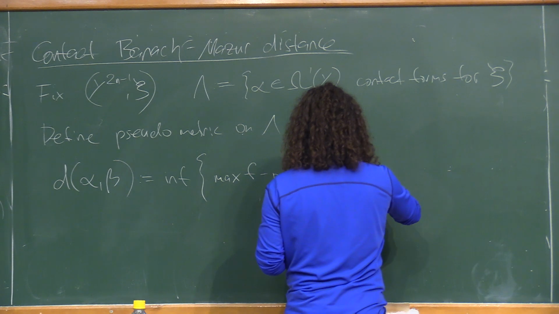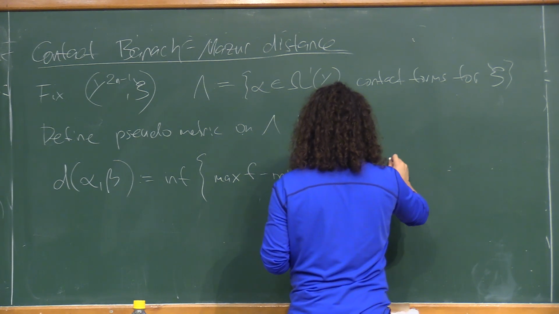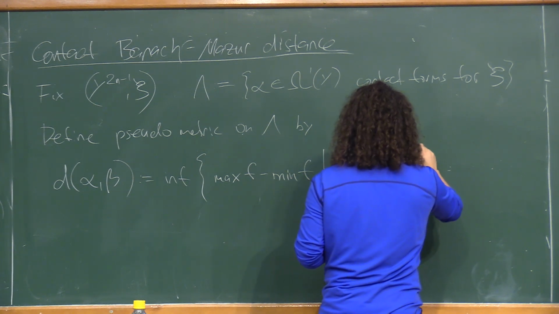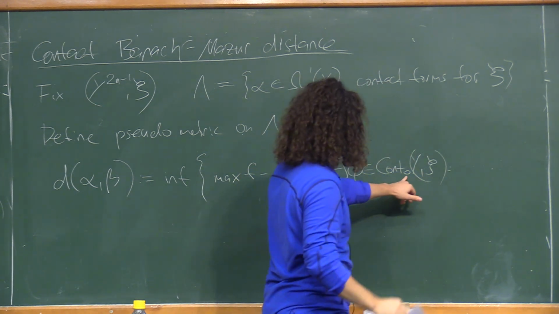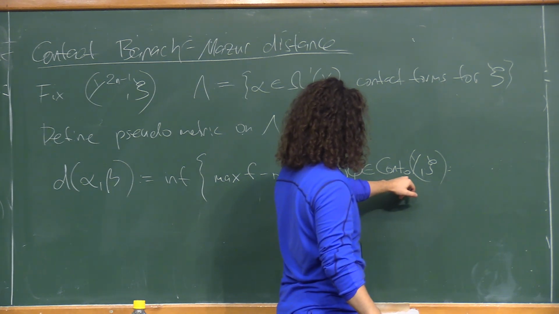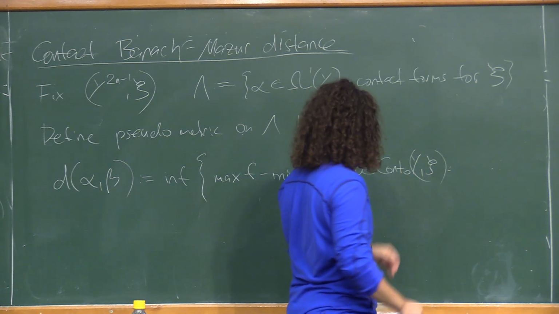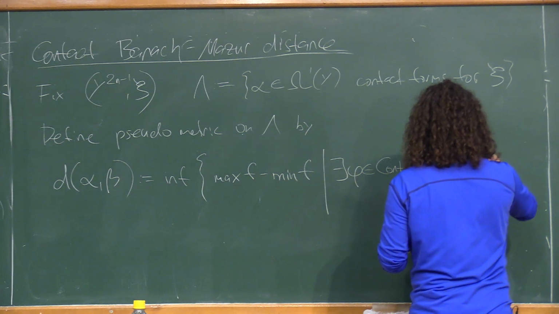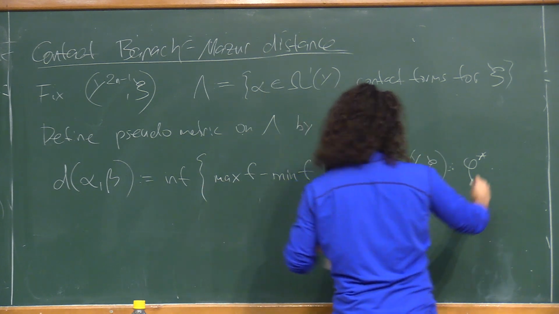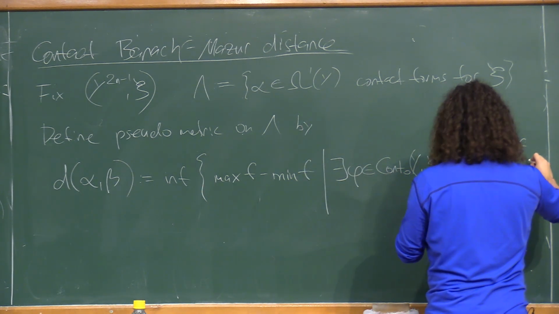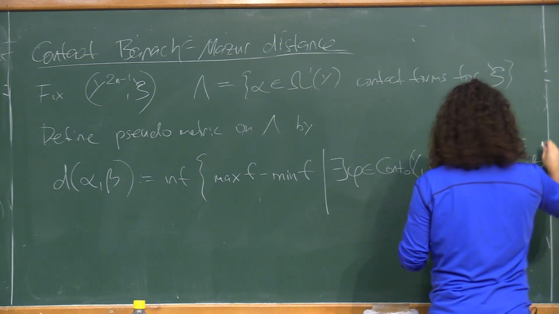There exists a contactomorphism phi in Cont_0, that's all contactomorphisms that can be connected to the identity through contactomorphisms of this contact manifold, such that phi pullback of alpha equals e to the power of f times beta.